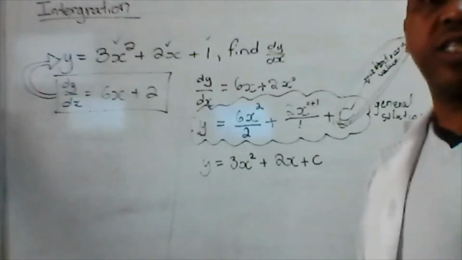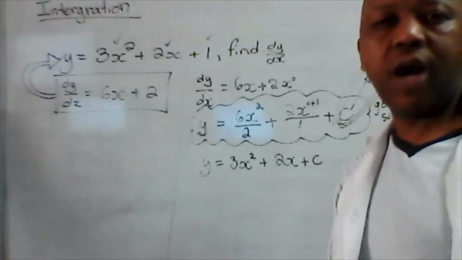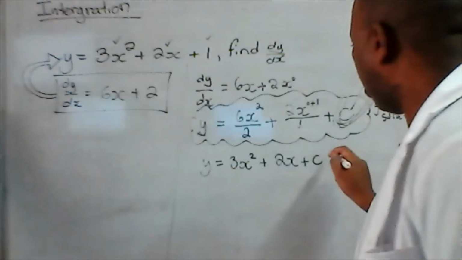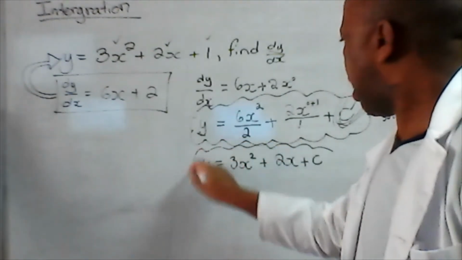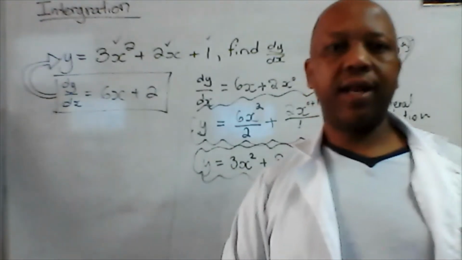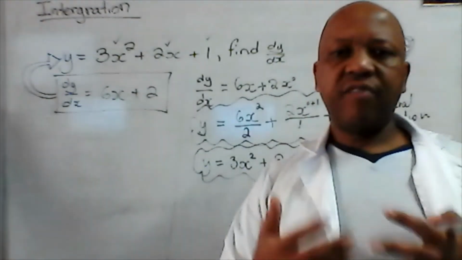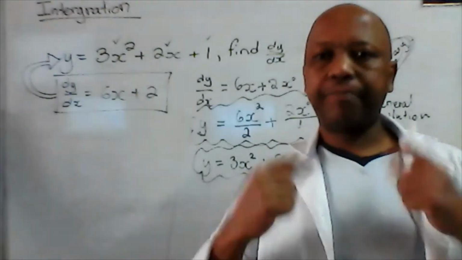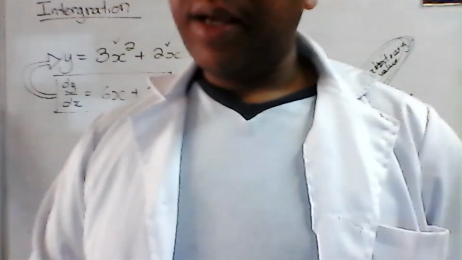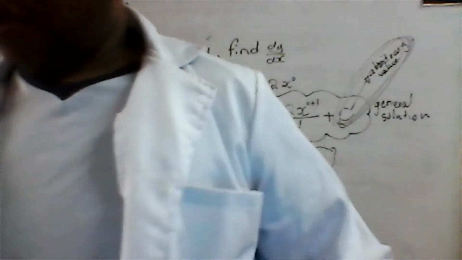Check, we've got that constant 1. Okay, right. At this point, I want you to be happy with just that c being a constant. If we are given extra information, we can find that constant. Right, and that is how we do that.